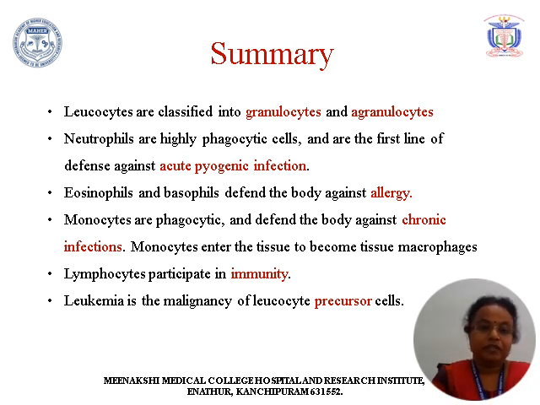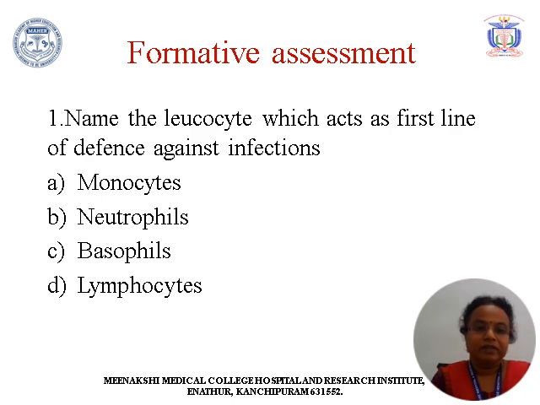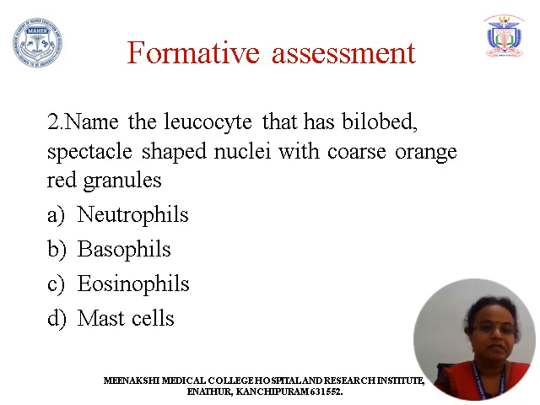So just to check whether you have understood or not, kindly answer the following questions. Name the leukocyte which acts as a first line of defense against infections. Yes, correct. The answer is neutrophil. The next question is, name the leukocyte that has bilobed spectacle-shaped nuclei with coarse orange-red granules.